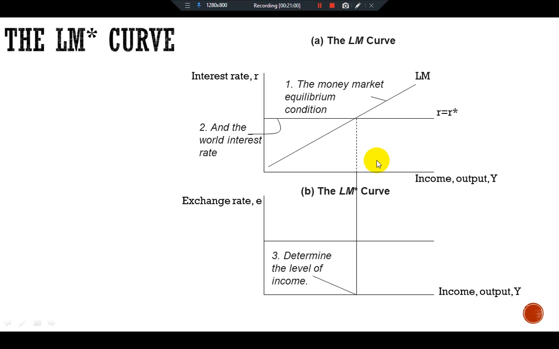Overall, this graph shows the standard LM curve, the equation M over P = L(r, Y), together with a horizontal line of interest rate: the domestic interest rate is equal to the international or world interest rate. In the second panel we get the LM static from the first panel.